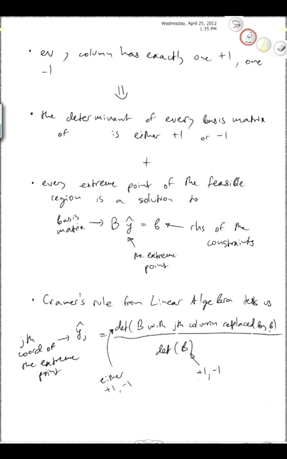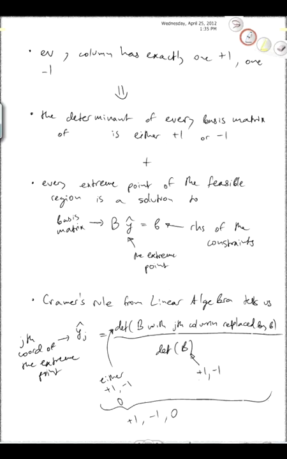But it could also happen that little b is linearly dependent on some of the columns in big B. In that case, the top might end up being a 0. So putting the denominator and the numerator together, the value that the jth coordinate of the extreme point could have is either +1, -1, or 0.